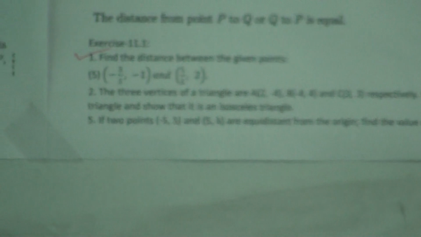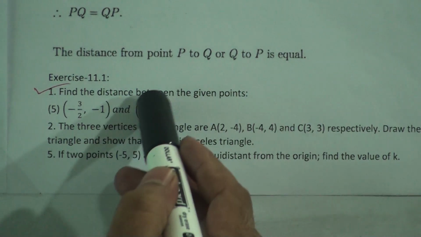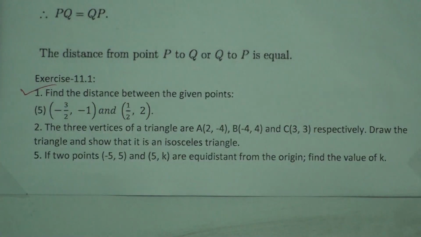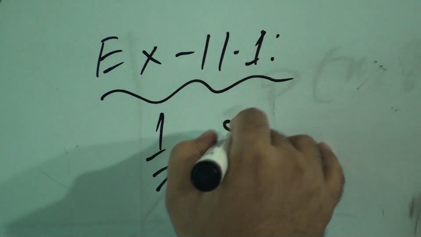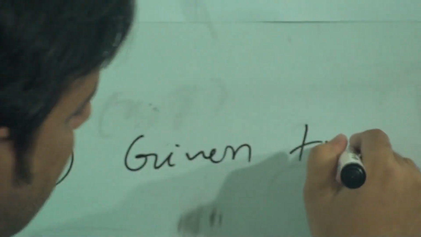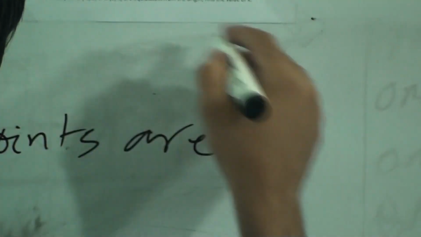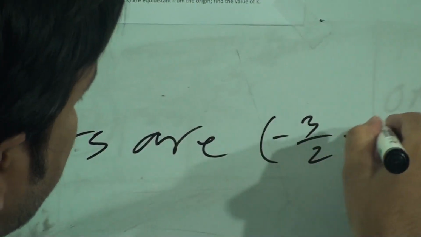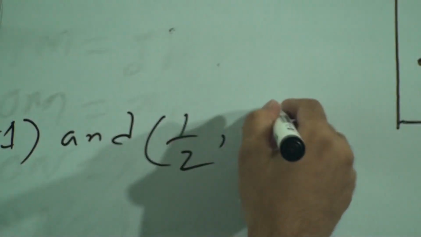Find the distance between the given points. This is a point, (minus 3/2, minus 1), and another point is (1/2, 2). So we can write here exercise 11.1, activity 1, question 5. Given 2 points, minus 3/2, minus 1 and another one is 1/2, 2.